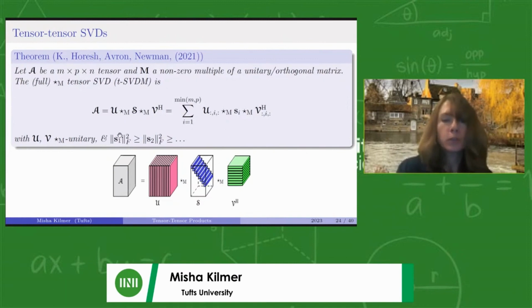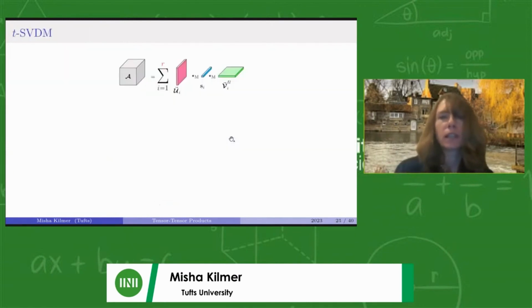However, the singular tubes have this relationship to one another. They are, in the Frobenius norm squared, ordered in non-increasing order. So they carry an energy association with them in the same way singular values do for the matrix SVD. And so if I only have R tubes which are non-zero, then that's the cartoon representation of what I was just saying.